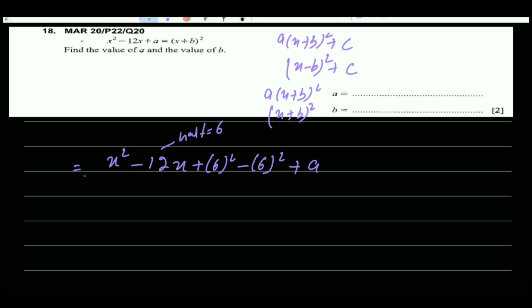The first three terms will make a formula. First we take x, from the second term we take the sign, from the third term we take 6, whole square. Minus 6 square, 6 sixes are 36, plus a.